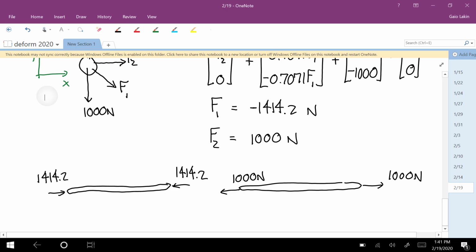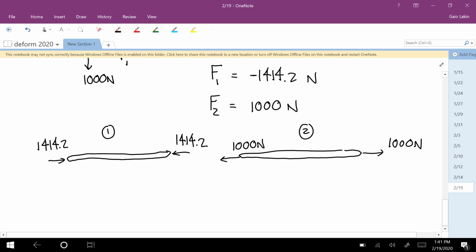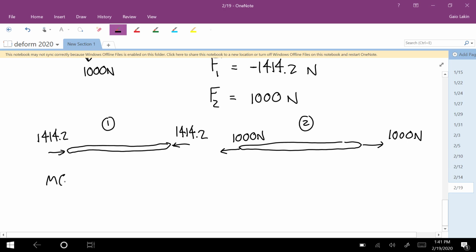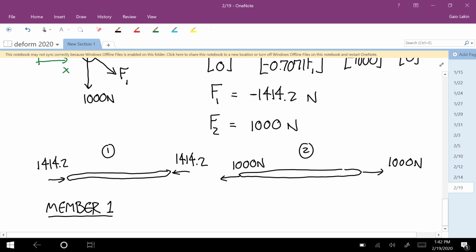I'll call this one member 1 and this one member 2. And now let's just go through each one. So member 1, and notice that the coordinate system that we used to figure out the loads on each member, we're not tied to those. When we go to calculating the stresses, we can choose any coordinate system we want as long as we're consistent about the loads that were applied.